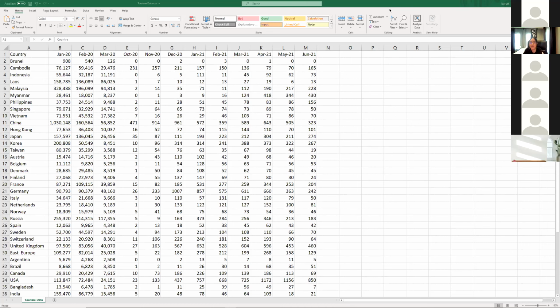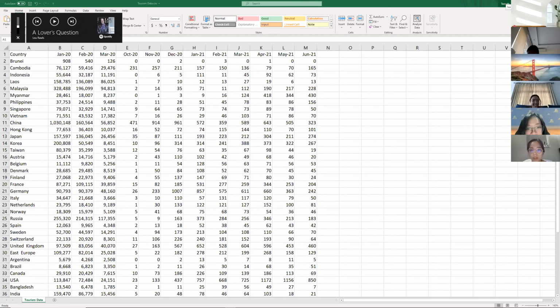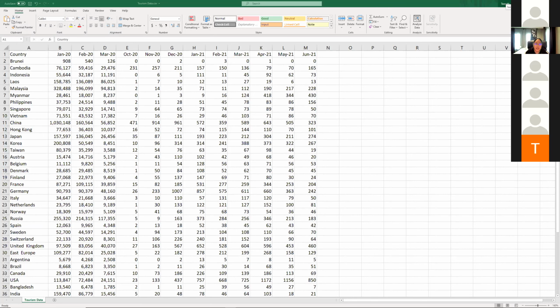Some kind of number, some kind of count. China. Okay, that's much better. So this is the number of tourists from each country to Thailand. Okay, gotcha. So there's a gap between March and October because of the COVID lockdown.